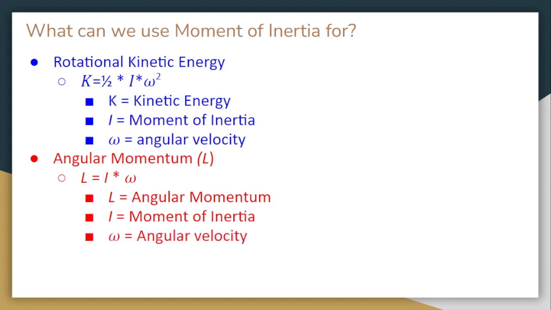All of these equations should seem very familiar because I is the rotational moment of inertia, where m, or mass, would be the linear moment of inertia. And if we converted all these to be linear, we would have 1/2 mv squared. And if we did the same for angular momentum, we would have p equals m times v.